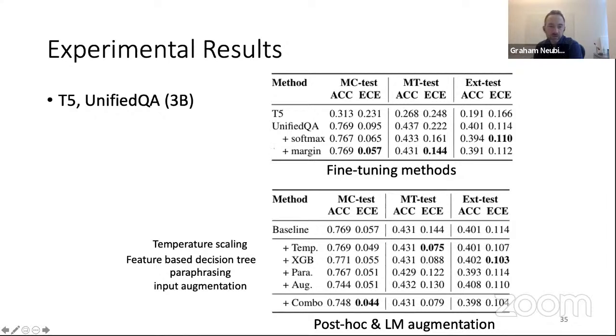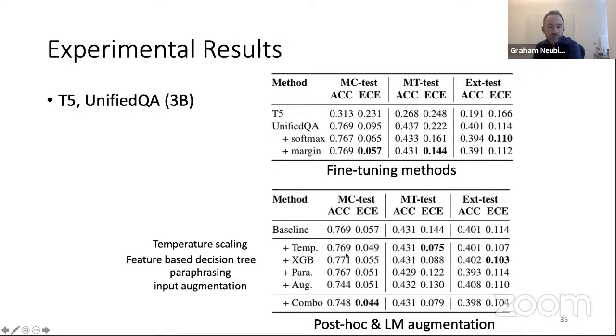So if we add the fine tuning methods, we get quite a bit better. We basically halve the expected calibration error for MC test, and for MT test, we reduce it by quite a significant margin. For the extractive data sets, it's a little bit less effective, but still a small gain.